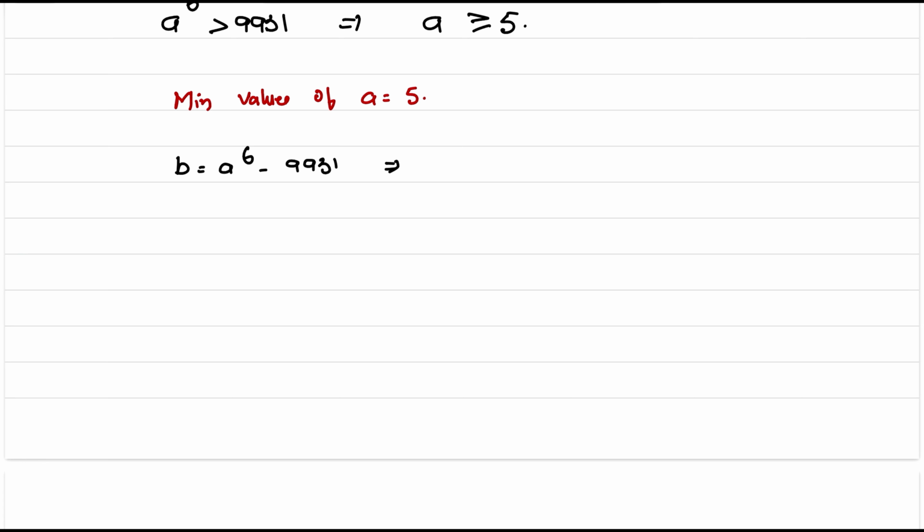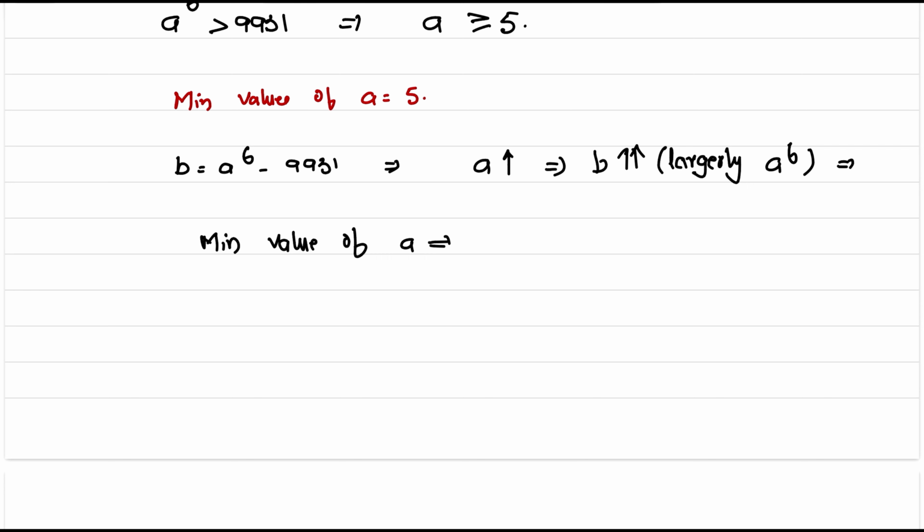If a increases, it implies b increases largely, in terms of a to the power of 6. Hence, the minimum value of a gives the minimum value of b. It implies minimum value of a implies minimum value of b.